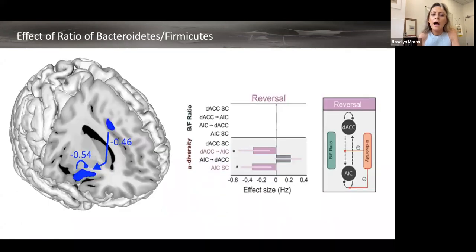And so what we found was that, this is mislabeled, the alpha diversity was the key component in a top-down regulation of the cingulate cortex to the anterior insula. And interestingly, this top-down connection was negative. And it was present particularly in reversal when you were trying to learn that the previously fearful stimulus was no longer threatening.